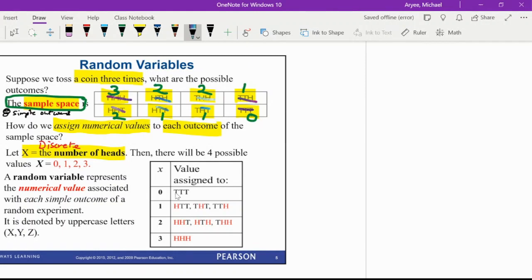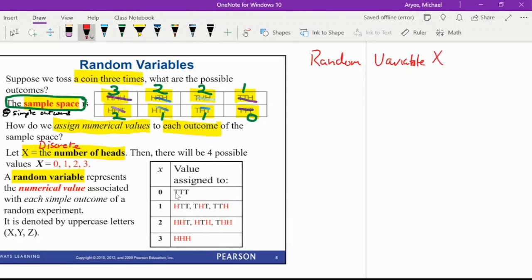By assigning a number to each simple outcome, what we get is called a random variable.